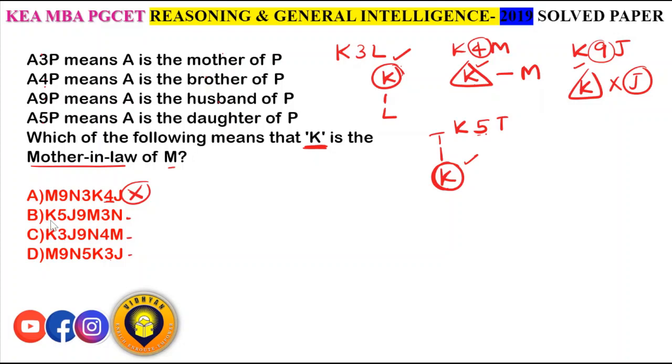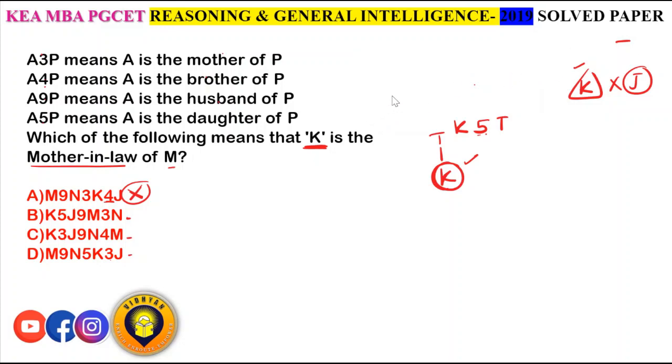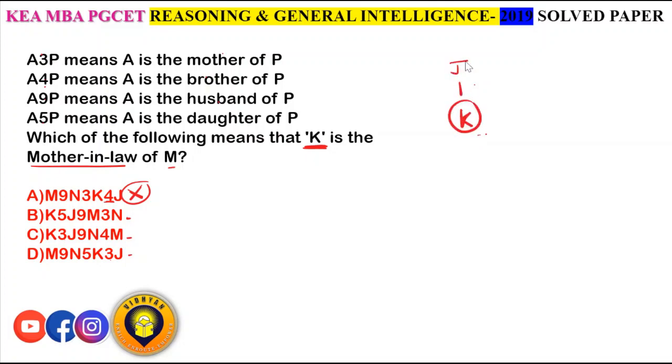Now let us see option B. Option B says K5J. 5 means daughter, so K is the daughter of J. Then J9M, 9 means husband, J is the husband of M. Then M3N, 3 means mother, M is the mother of N. So whether K here is the mother-in-law of M?